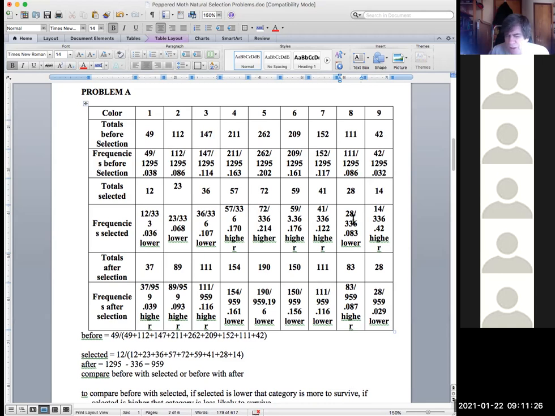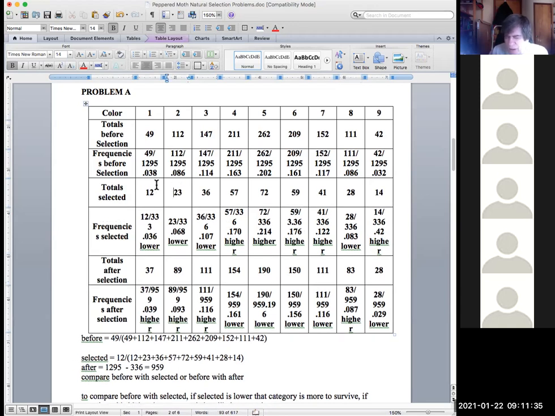And then I did the same thing after I did the totals before selection. I did the same thing to the totals after selection and the totals selected. And then what I did with each one was I compared the frequencies selected and the frequencies after selection with the frequency before. So if we look at number 1, the frequency before selection was 0.38.